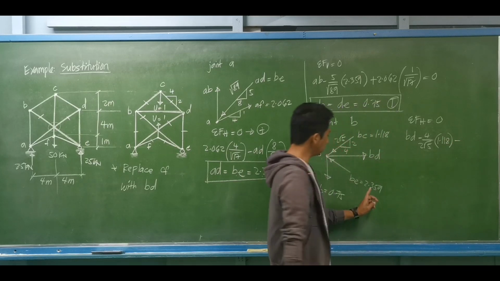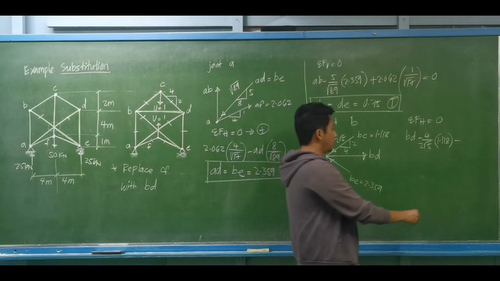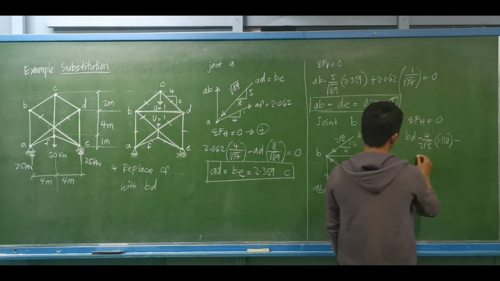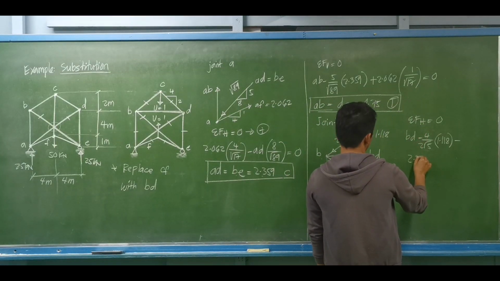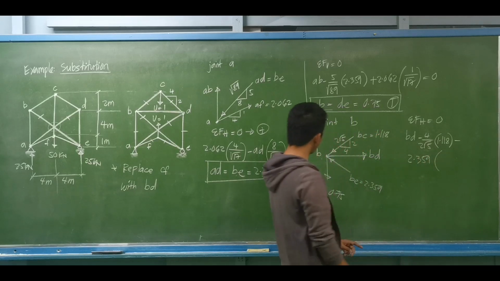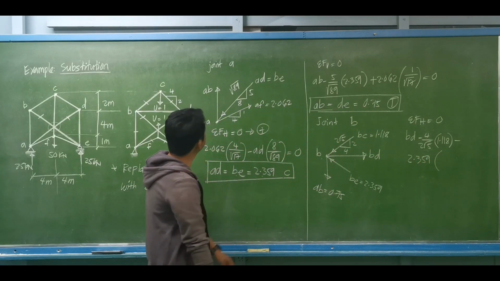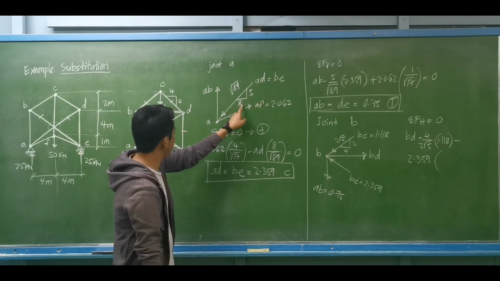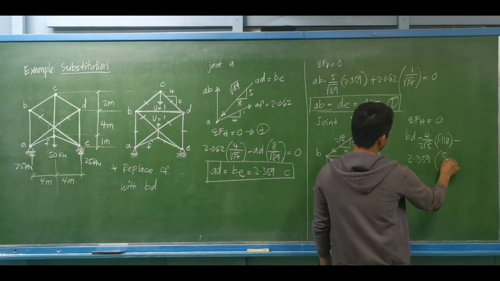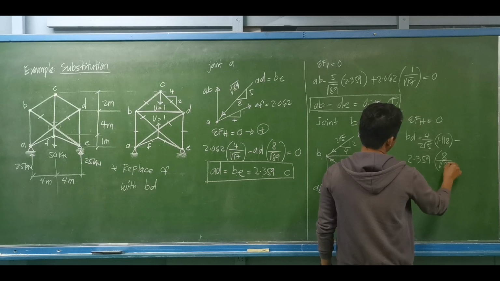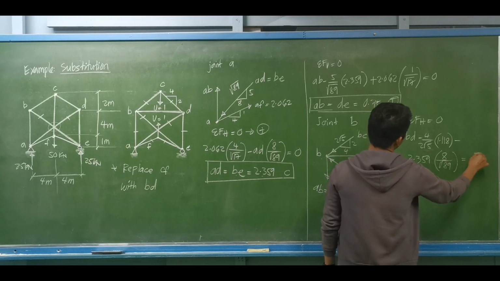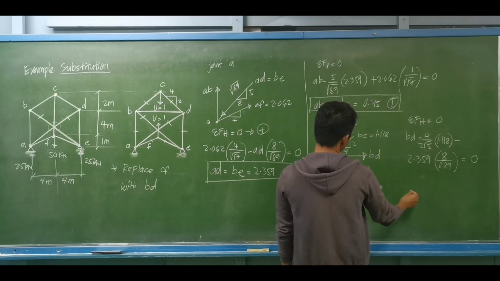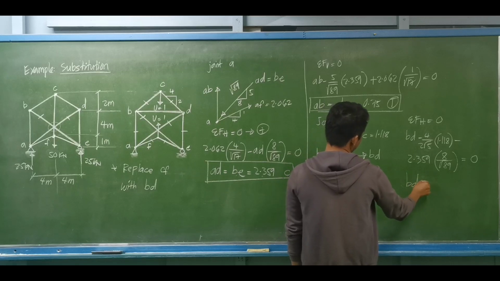Then minus, for BE, this is 2.359 horizontal component. What is the slope of BE? 8 horizontal to the square root of 89, equal to 0. So let's compute for the value of BD.